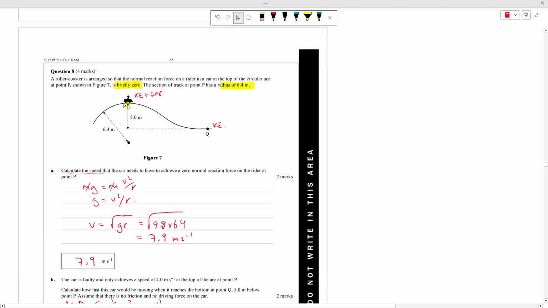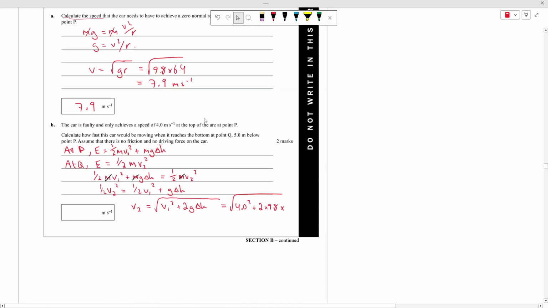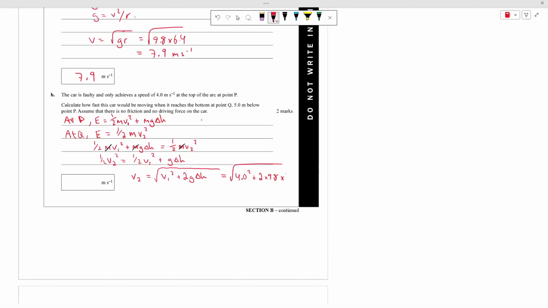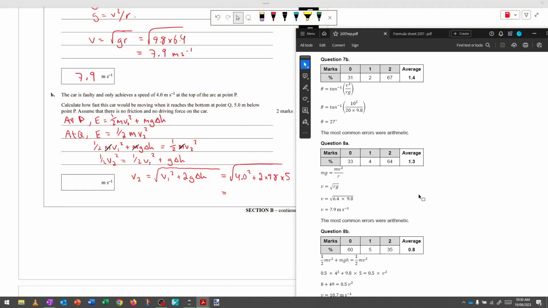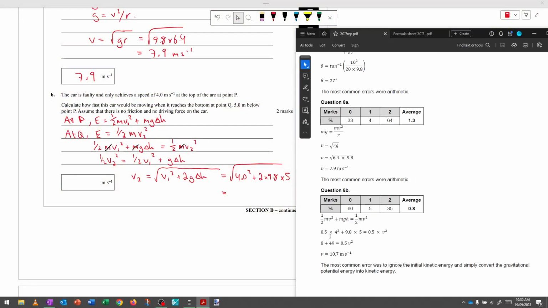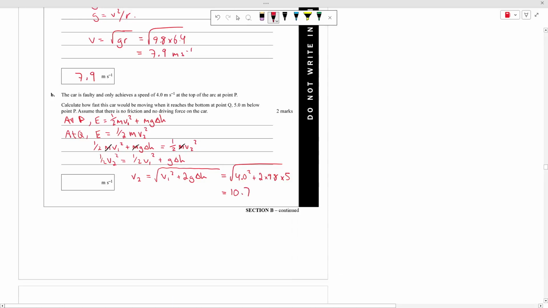That was 5 meters. So that's times 5. And we end up getting... can't do that in my head. Let's just look at the answer. Okay, 10.7 apparently. Cool. 10.7 meters per second.